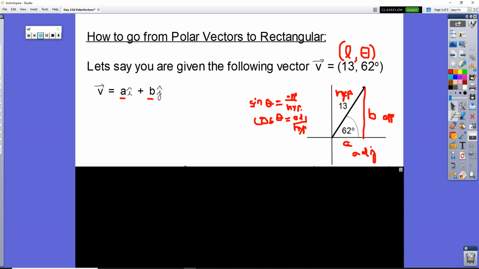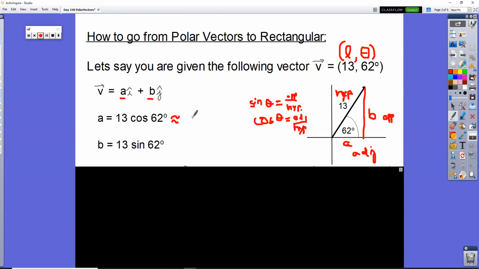So, in general, the way that you would figure this out is your a value would be 13 times the cosine of 62 to help you get the adjacent, and your b value would be 13 times the sine of 62. So I did the actual math here. If you're going to do this on your calculator, don't forget you're going to want to be in degree mode.